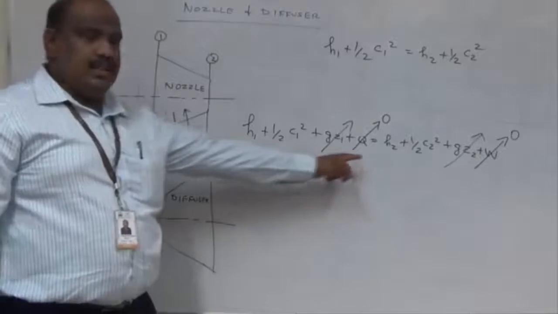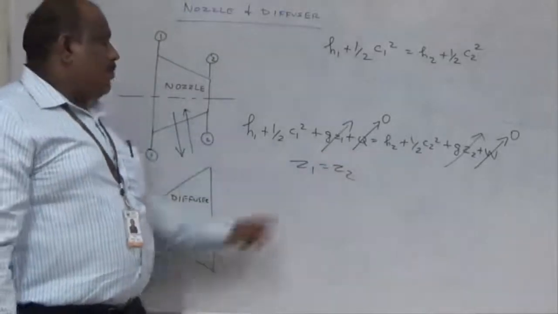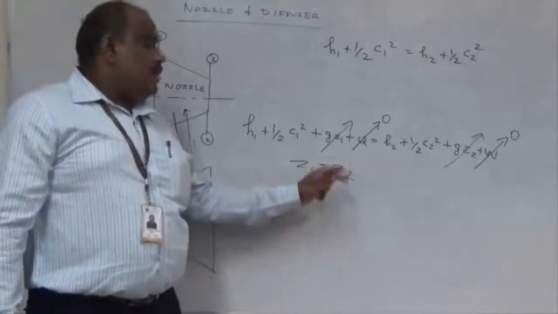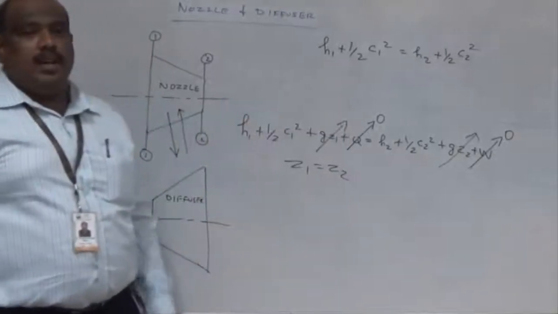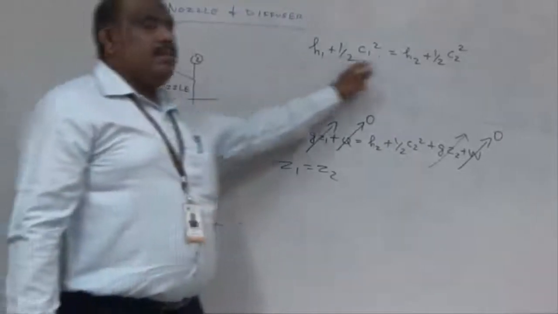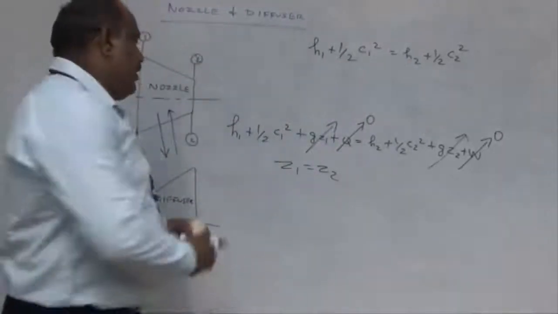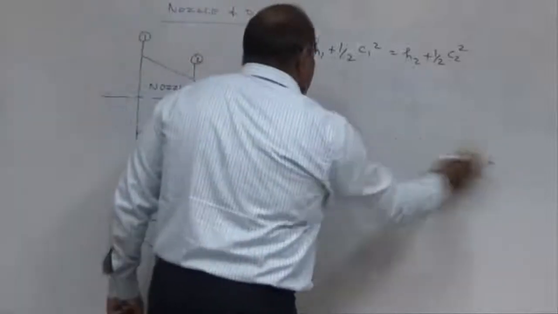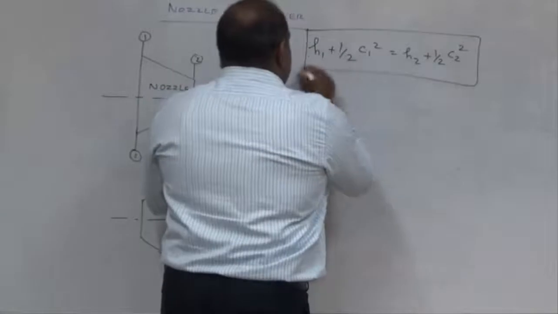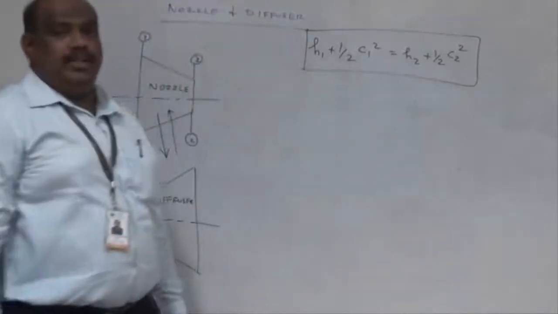What about the heat loss? 0. What about Z1 and Z2? Let us assume both are the same, so Z1 equals Z2. So what about the expression? The same expression. The expression for the nozzle and the diffuser remains the same up to here. There is no difference between the nozzle and diffuser up to this particular region. So this formula is applicable to both nozzle and diffuser.